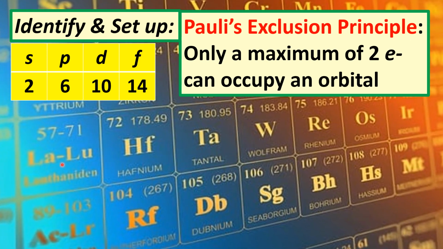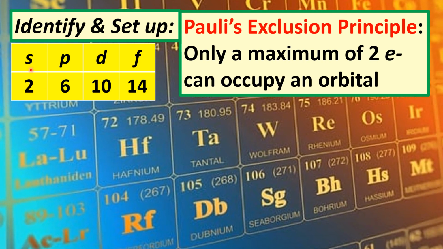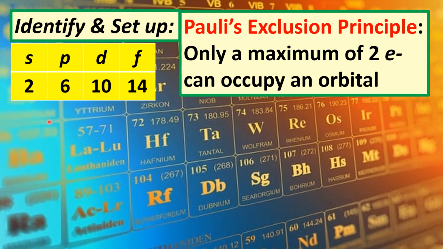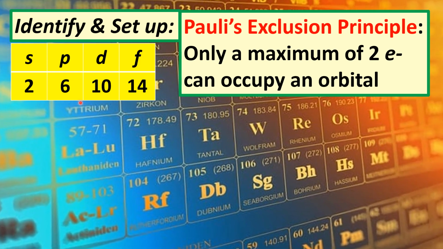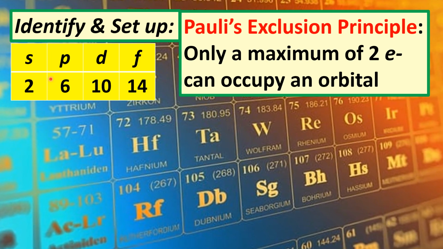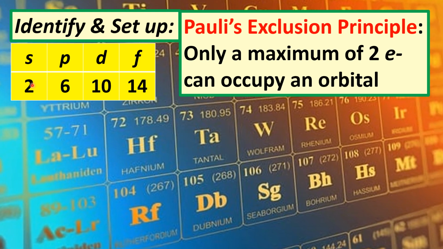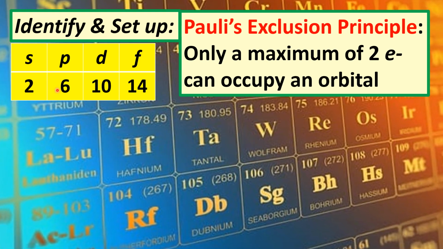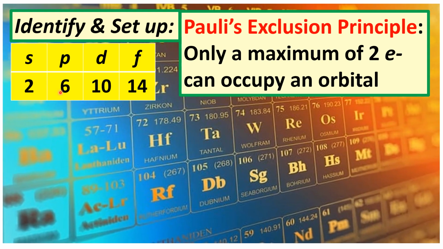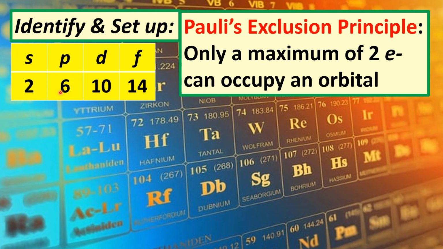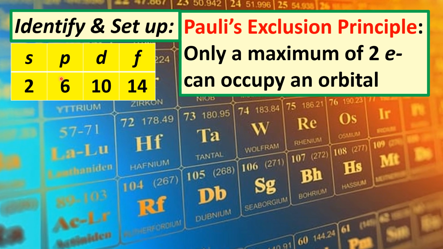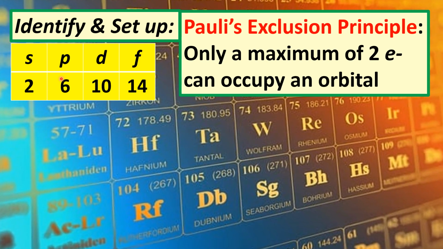So let's go back to our SPDF sublevels. There is only one s orbital, so it can accommodate only two electrons. There are three p orbitals, sometimes denoted as px, py, and pz. So multiply that by 2.